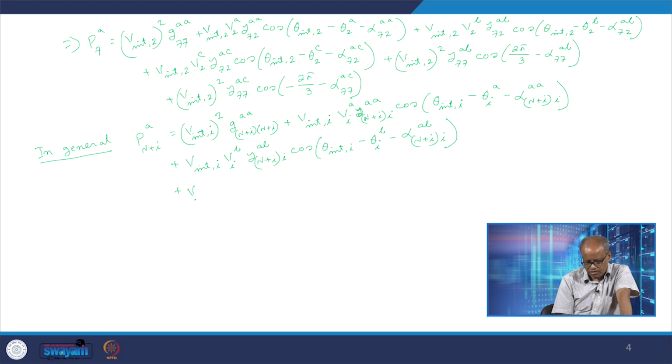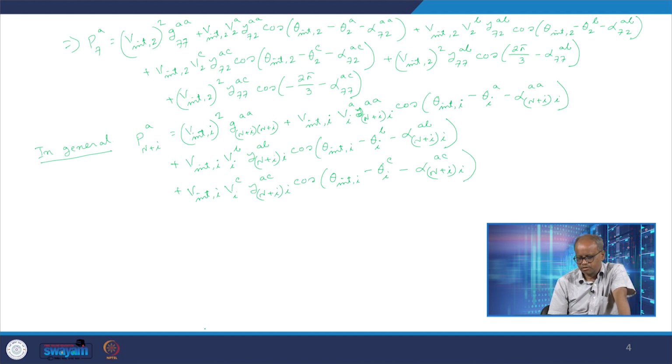Plus V internal i, then V i c y n plus i a c cosine theta internal i minus theta i c minus alpha n plus i a c. So this is up to this.